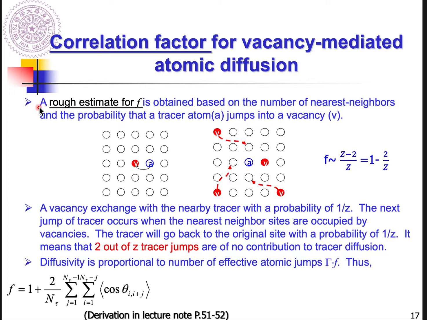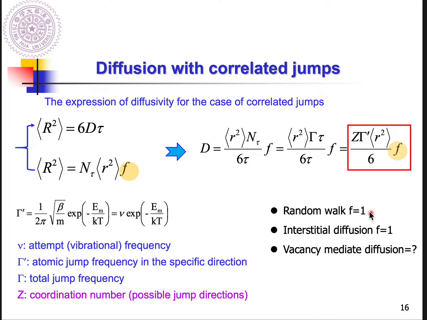And in our textbook, it provides 2 methods. The first one is a very rough estimation for the F correlation factor. Before we move on, you can think about that F equals 1 is a random walk. You can consider it as 100%. And 0 is what?